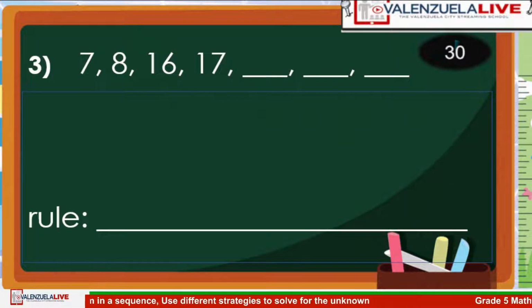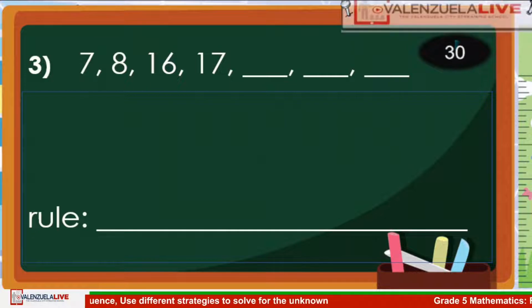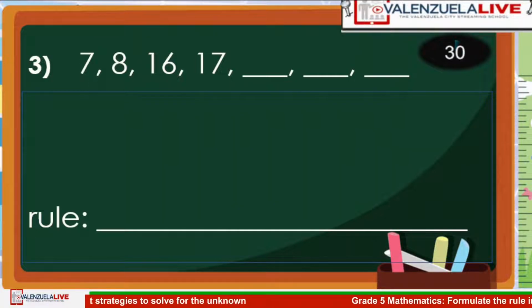Number 3 is 7, 8, 16, 17. I want you to find the next 3 terms. Okay, 30 seconds starts now.